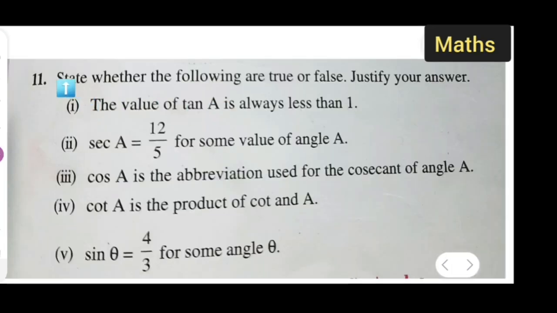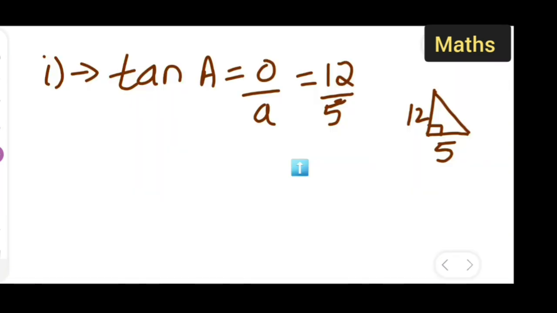Take down the question first. State whether the following are true or false. Justify your answer. Now the value of tan A is always less than 1. Is it true or false? Let us see. For example, if I take tan A, the formula is opposite upon adjacent. So in the given figure, I can take opposite as 12 and adjacent as 5.